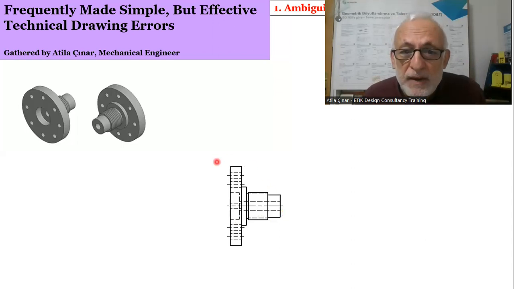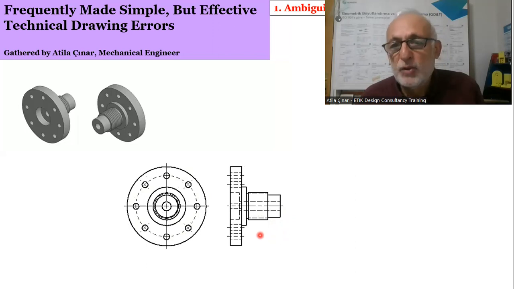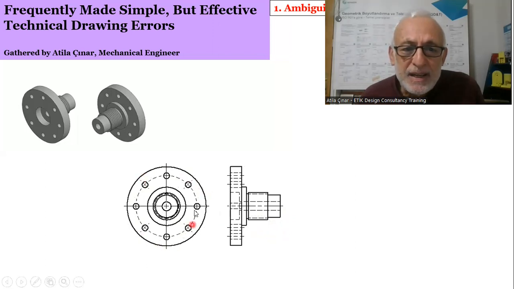So only one view cannot be enough to show all these dimensions. So we plan to add other views also, the section views, detailed views, or the side views. Let's say we try for this part the side view like this.